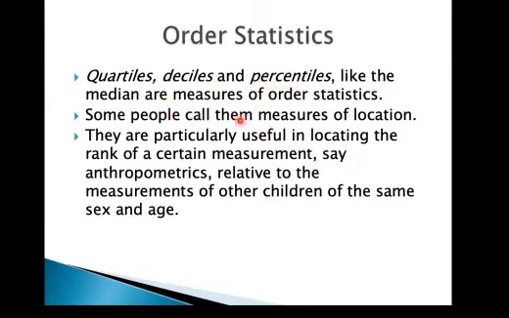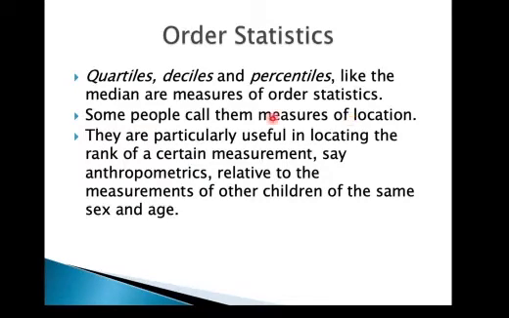Some people call them measures of location because they also tell us where that value is located. For example, the median is located at the middle. The third quartile is located at the 3/4, higher than the rest of the values.